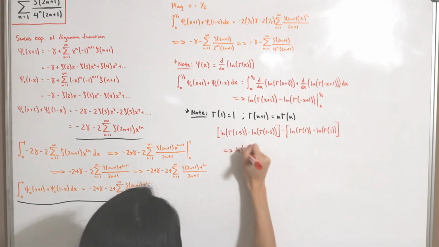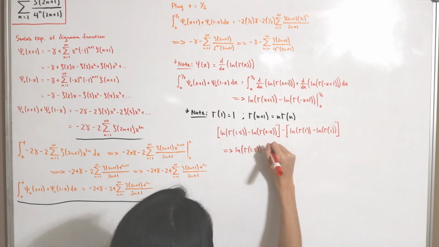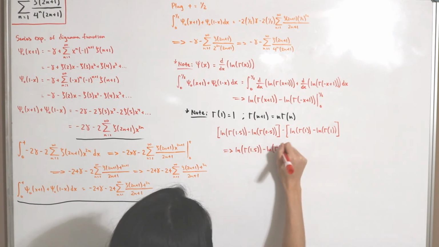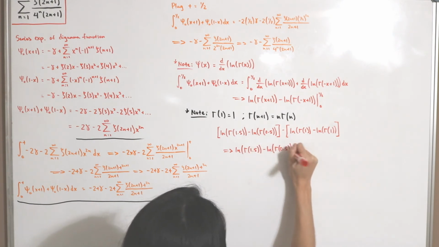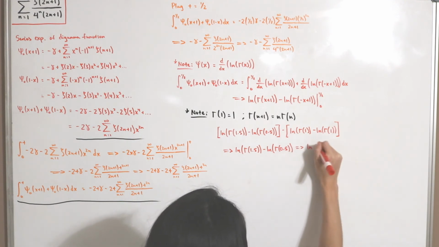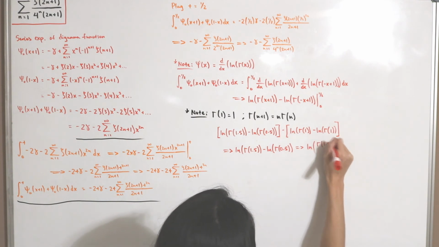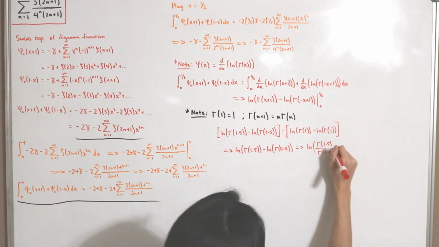So therefore, we're left with just the terms evaluated at 1/2: the natural log of gamma of 1.5 minus the natural log of gamma 0.5. I can use our rules of natural log to convert this into just one natural log, which is simply gamma of 1.5 divided by gamma of 0.5.